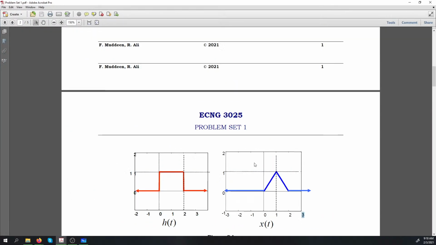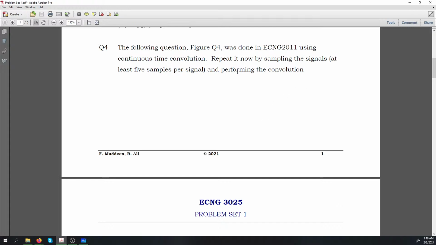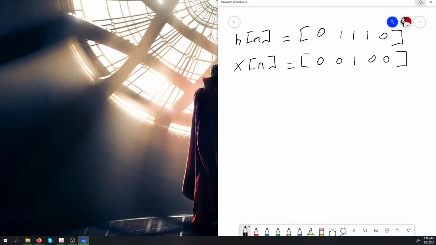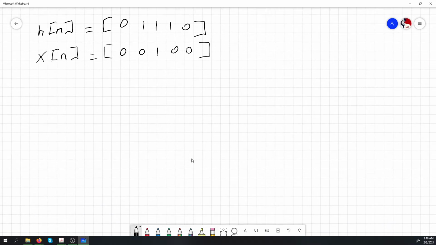So let's see if I still need anything here. Alright, so I just need to perform the convolution on those sequences. So we have h of n and x of n. Now that we have our discrete time sequences, we can perform the convolution using the convolution table.